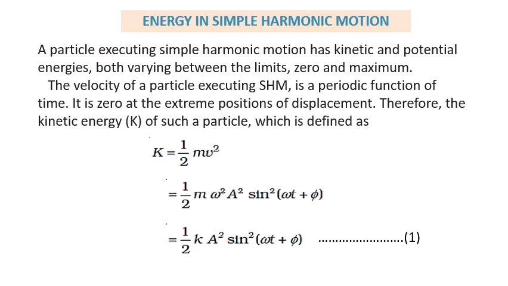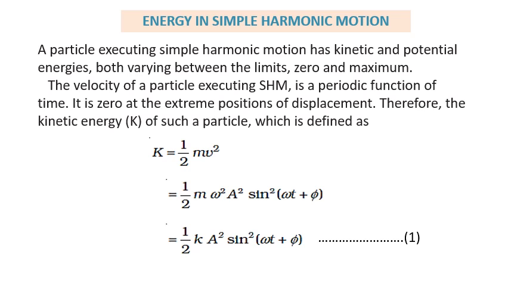Energy in simple harmonic motion. A particle executing simple harmonic motion has kinetic and potential energies both, varying between the limits 0 and maximum. The kinetic energy, you know, is mathematically half m v square.